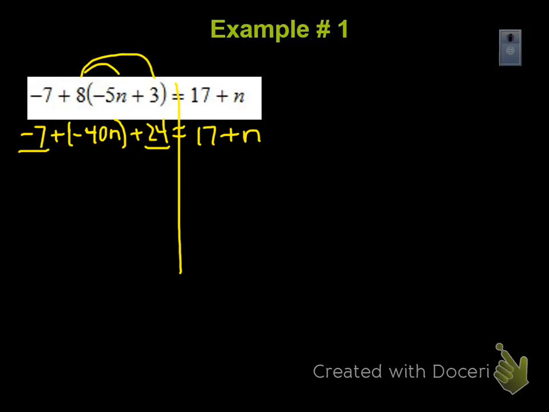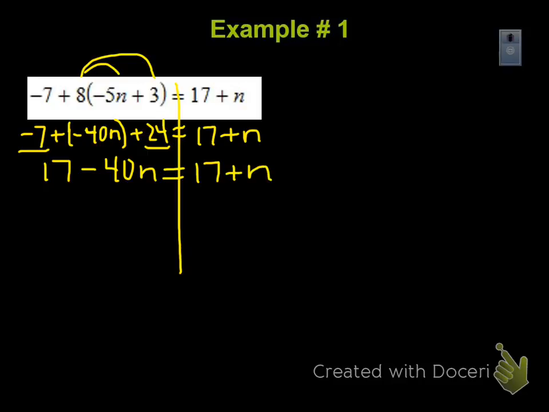If I do that, I would get 17, and then I still have the negative 40n. I'm going to write minus 40n equals. On the right-hand side, there is nothing to combine, so that continues as 17 plus n.